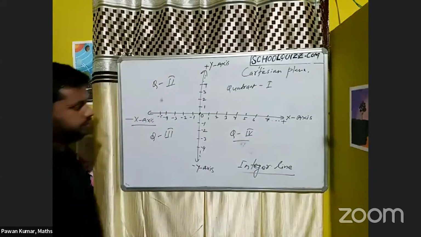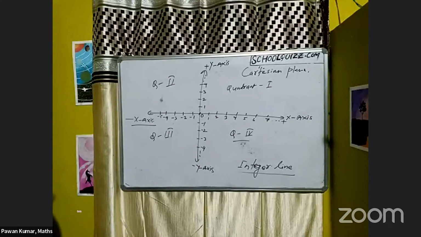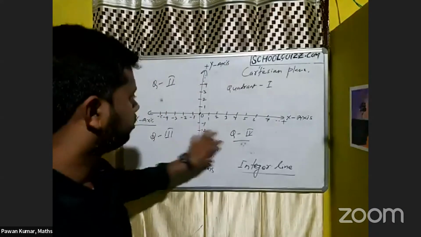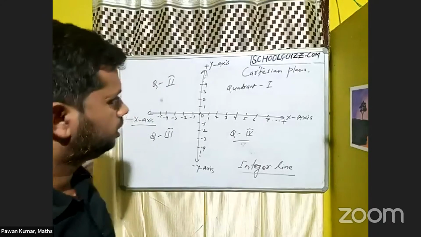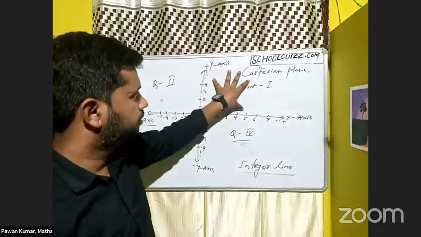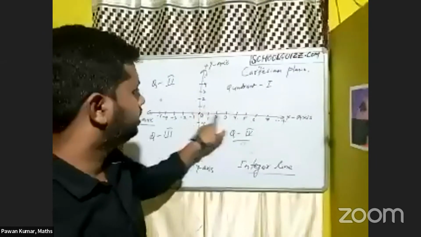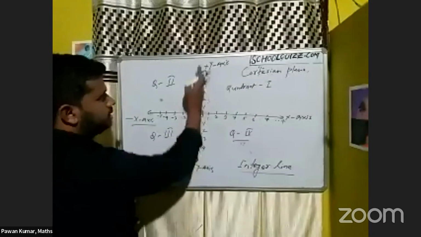So how did they give the names quadrant 1, quadrant 2, quadrant 3, quadrant 4? Suppose I have an area covered by this line and this space, correct?